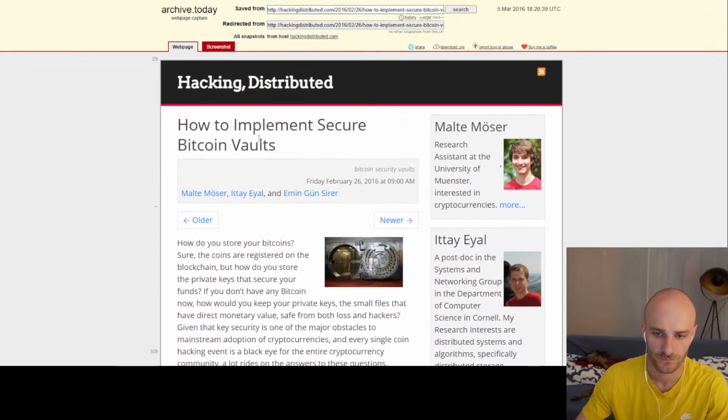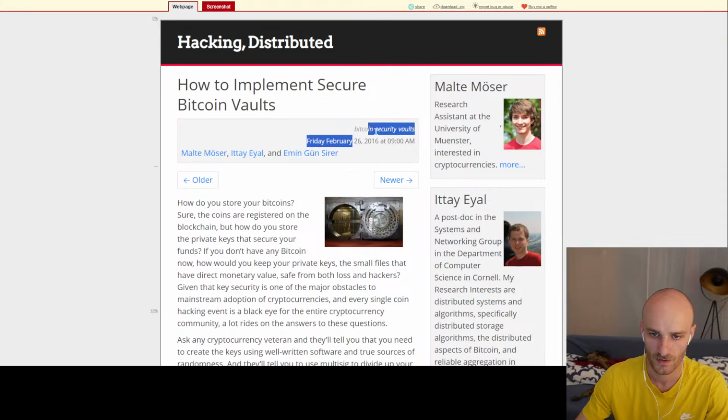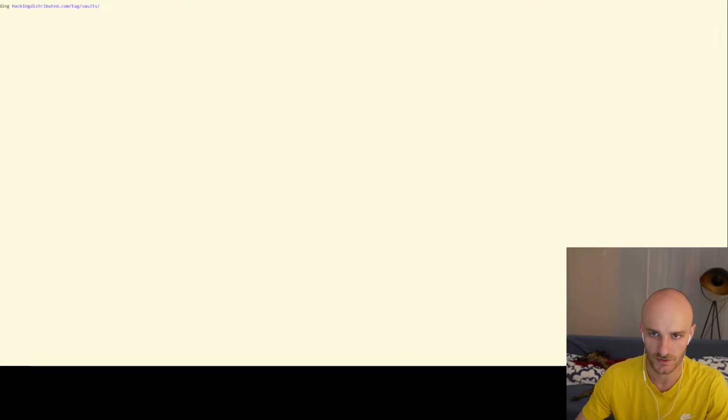Okay, so these two guys wrote this article which is about Bitcoin security vaults.